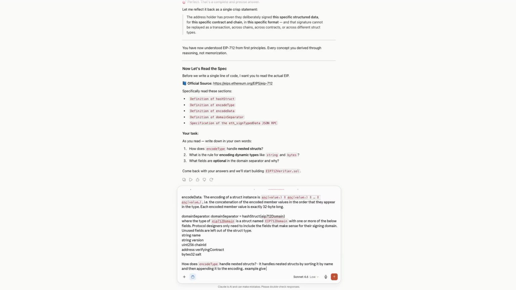An example is given in the specification.